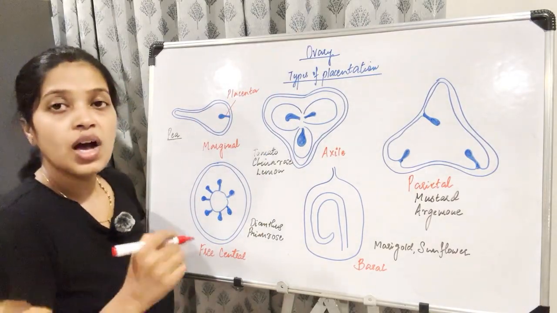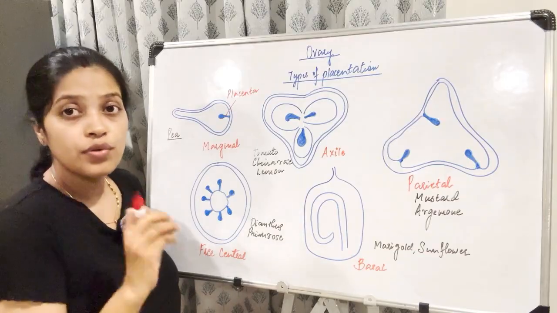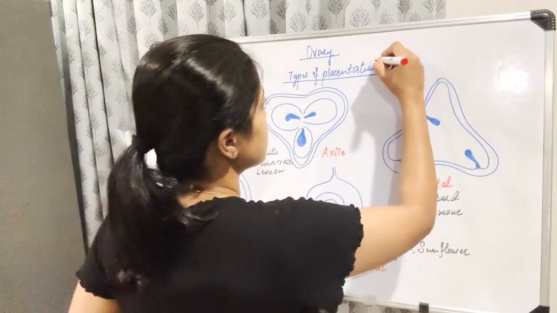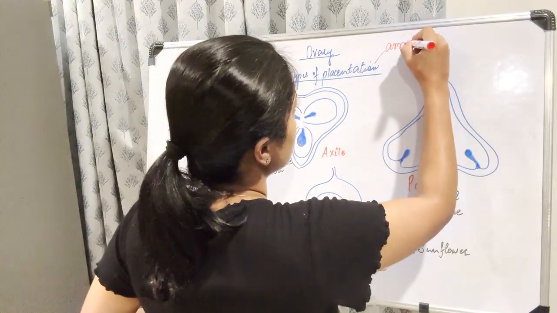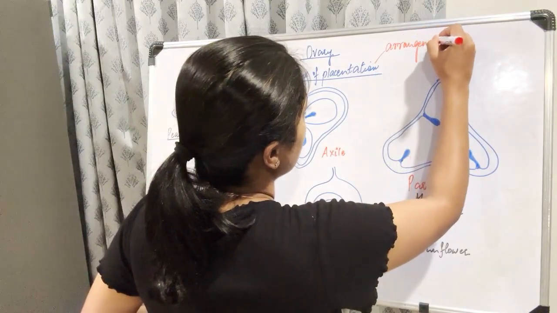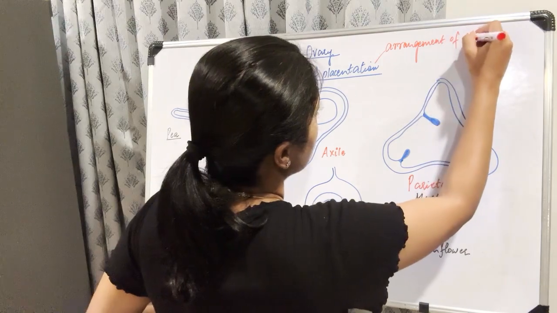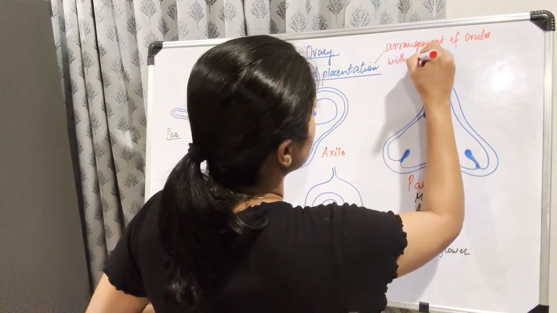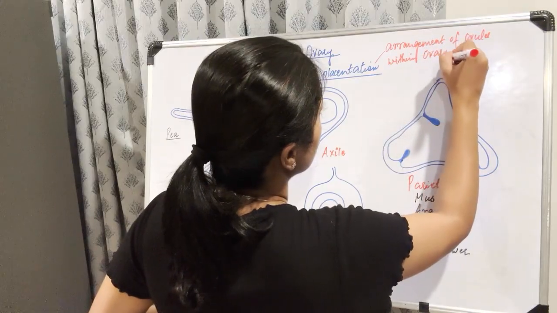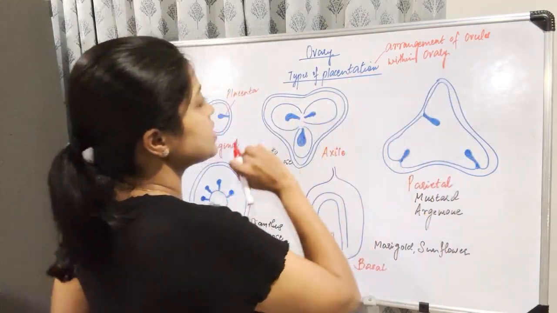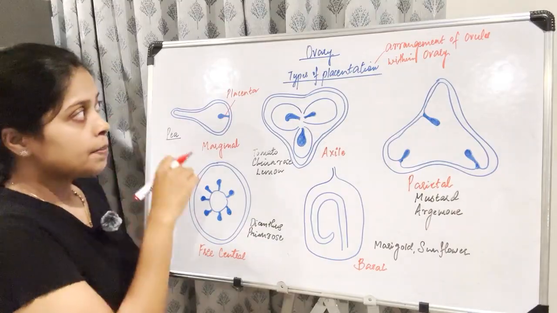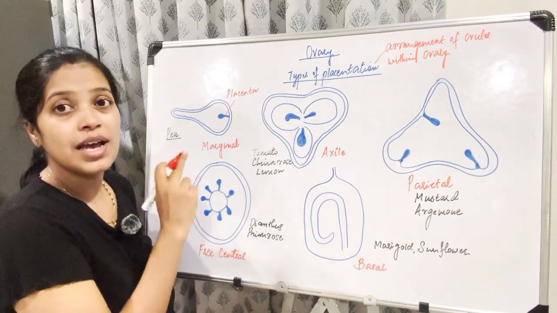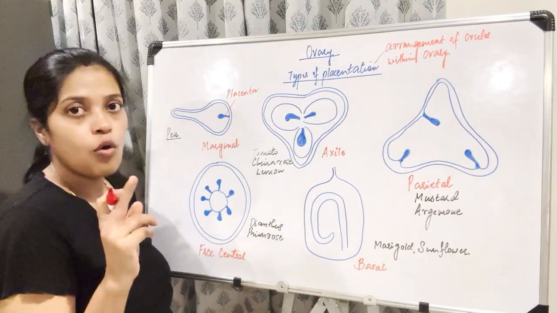Okay, so the arrangement of ovules within the ovary is called placentation. And with that, we have different types of placentation, different types of arrangement of ovules.